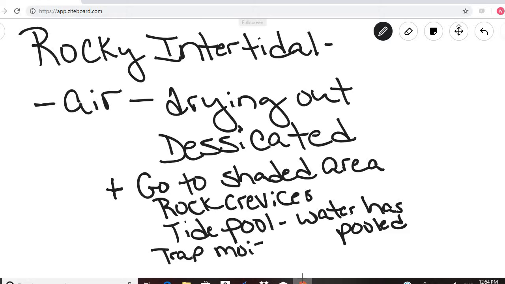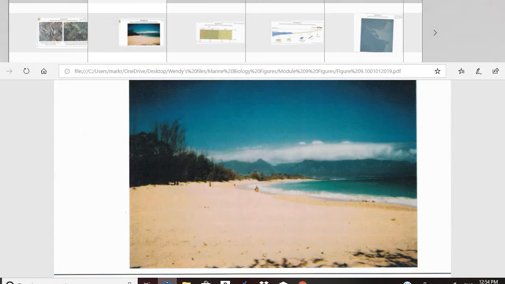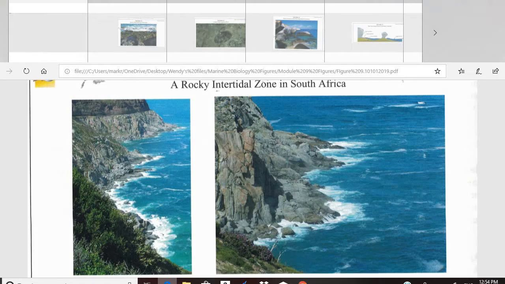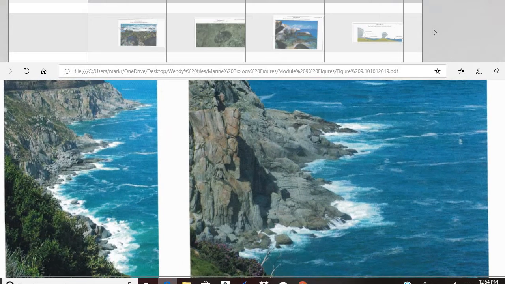Let me show you some pictures of this. So you can see when you think about hiding in rock crevices or finding shade, there are opportunities for that in a rocky intertidal zone.